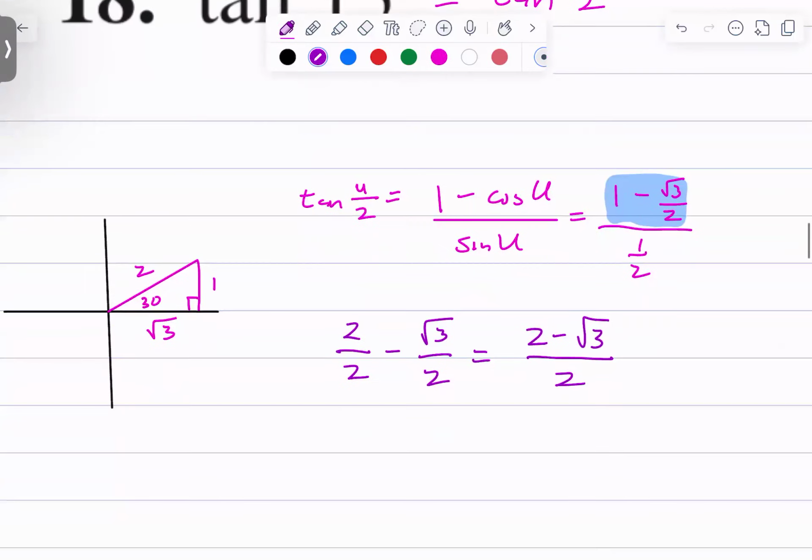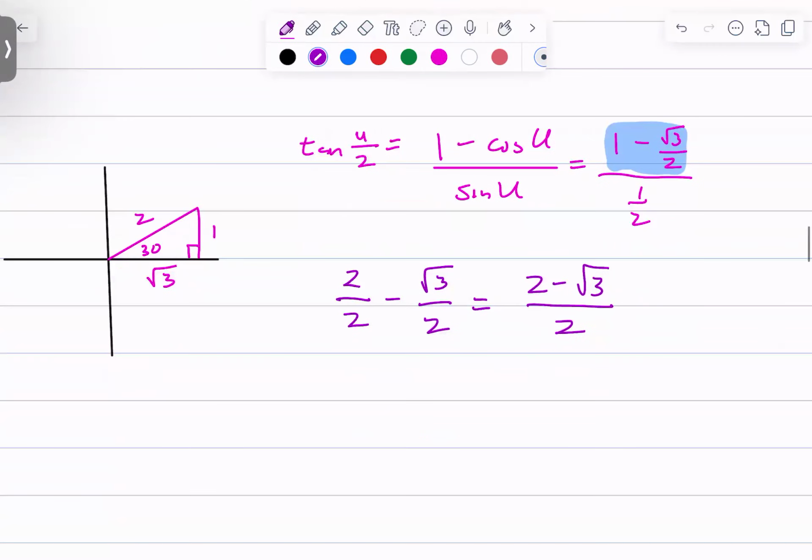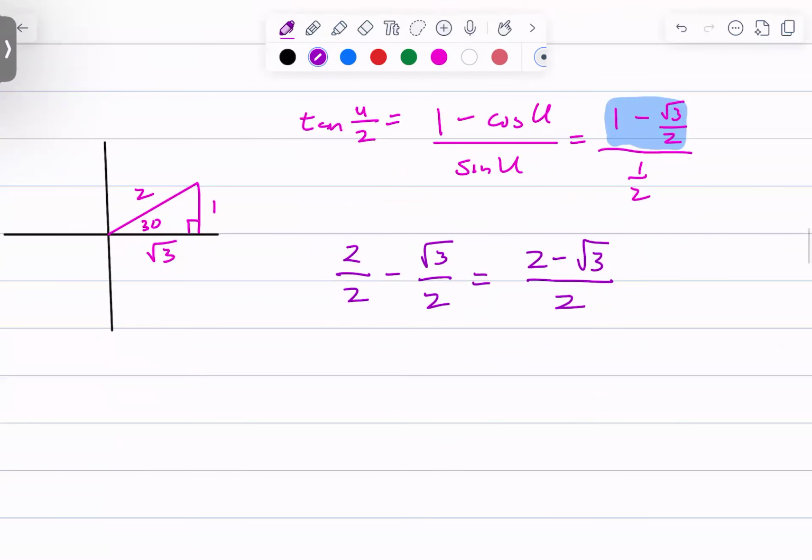2 over 2 equals 1, so I just need a common denominator. So if I replace that, the half angle formula, right, of 30 divided by 2, which is 15, would be 2 minus square root of 3 over 2 over 1/2.